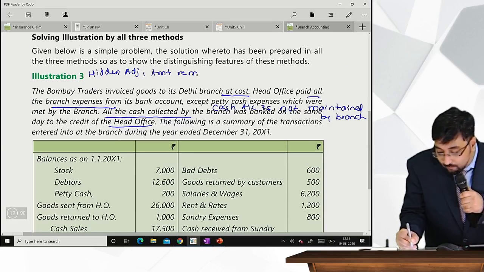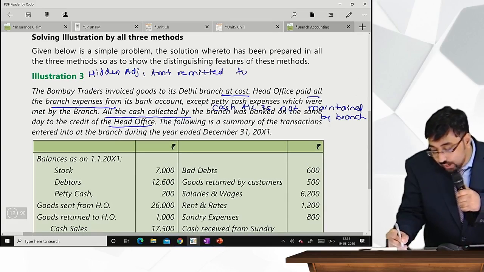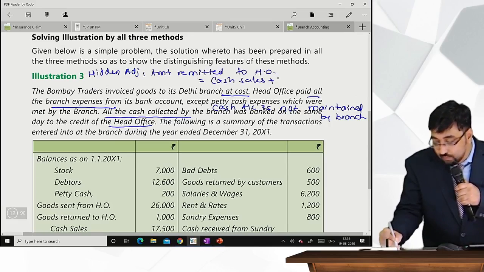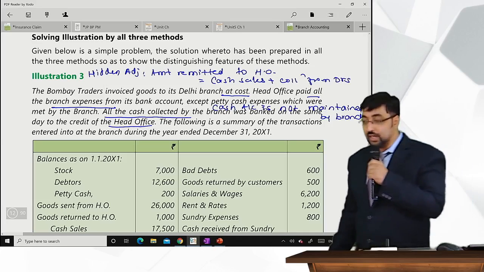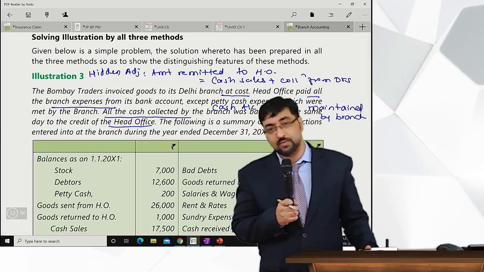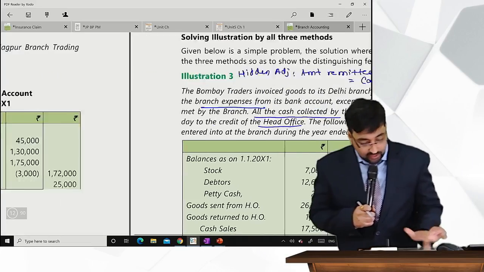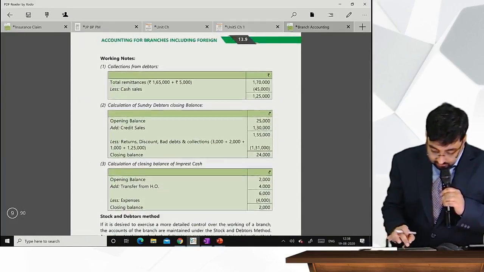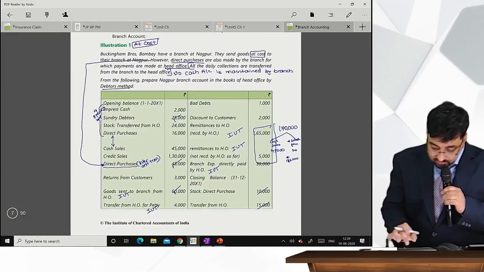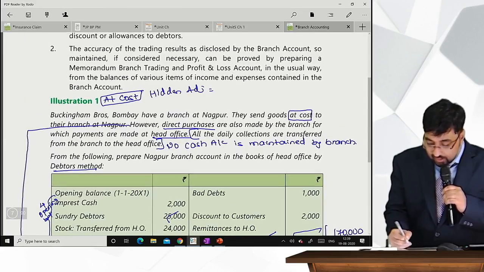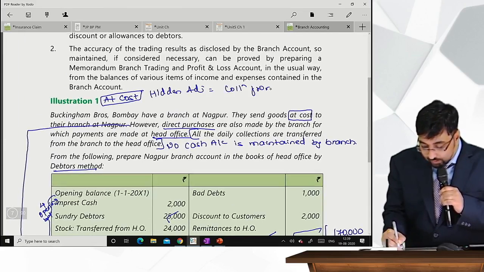Amount remitted to HO is equal to cash sales plus collection from debtors. So very easy, hidden adjustment. And in illustration number 1 you can write, hidden adjustment is collection from debtors.